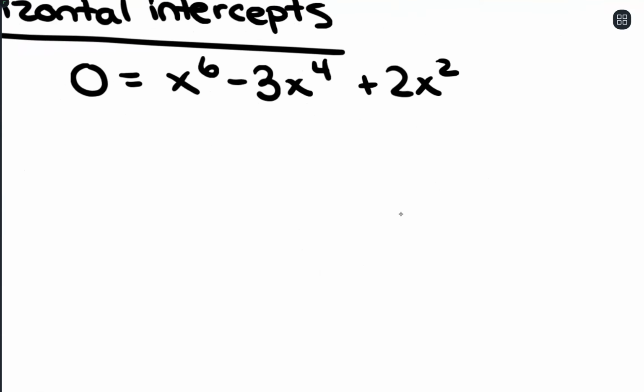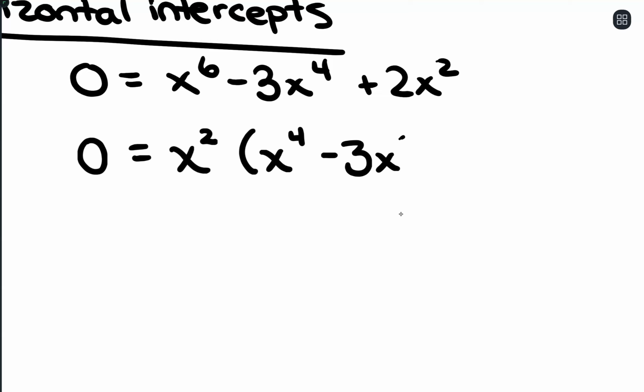And now we are going to solve. And to do that, we are going to factor. So first thing we're going to do is take out the greatest common factor, which is x squared. So that's going to leave us with x to the 4th minus 3x squared plus 2.